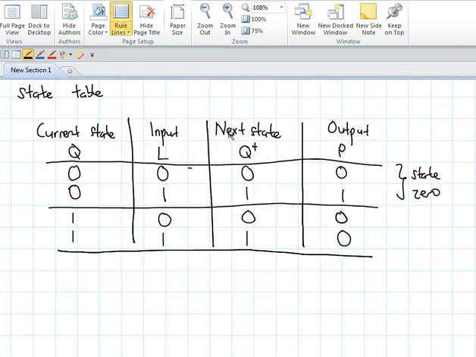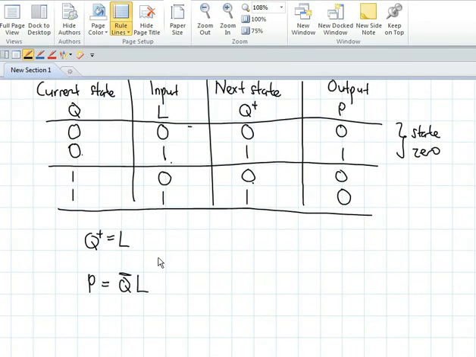Looking at the next state, Q plus is equal to 1 when L is equal to 1, so Q plus is equal to L. The output P is equal to 1 when Q is 0 and L is 1, so P is equal to Q bar L. So this is your state diagram, state table, next state equation and output equation.